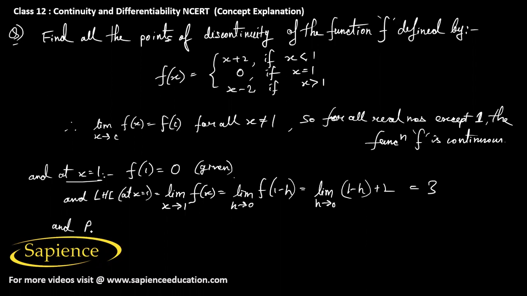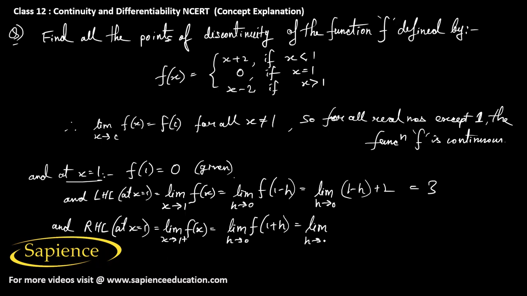And then the right hand limit at x equal to 1 is the limit as x tends to 1 plus of f of x, which is the limit as h tends to 0 of f of 1 plus h. That will be the limit as h tends to 0 of 1 plus h minus 2.